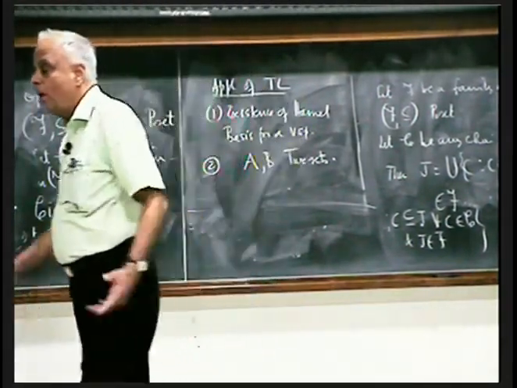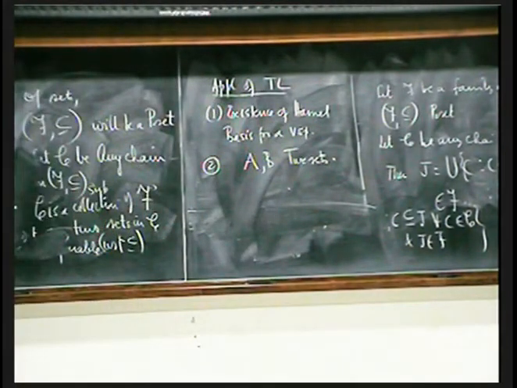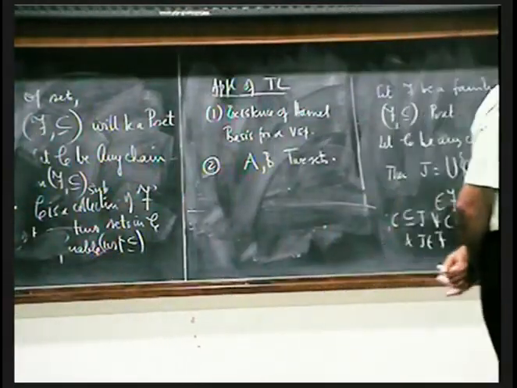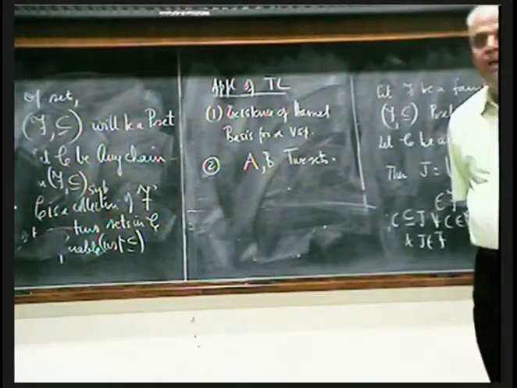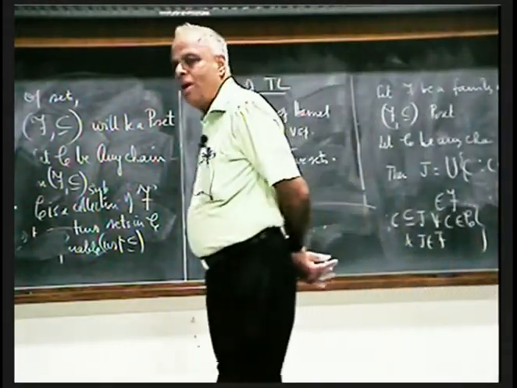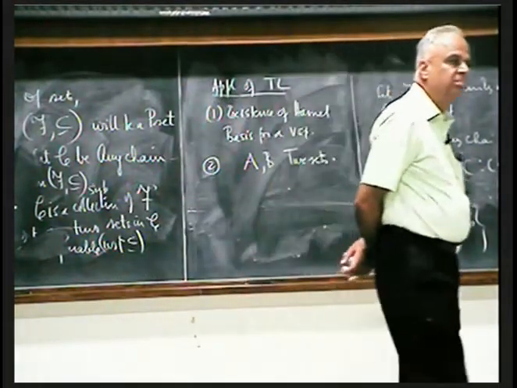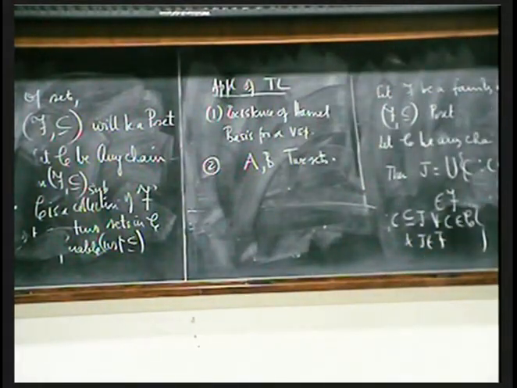Can it not happen that I have two sets such that neither can I put this into that, nor can I put that into this? That is, can I have two sets A and B such that |A| is not less than |B|, |B| is not less than |A|, and |A| is not equal to |B|? And we said this will not happen.